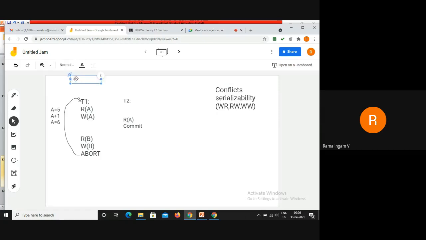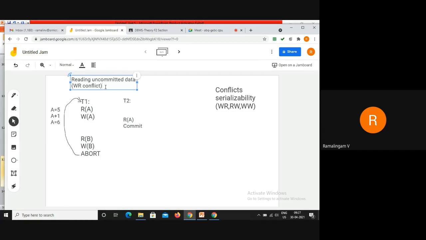Reading uncommitted data, that is nothing but WR conflict, write read conflict.